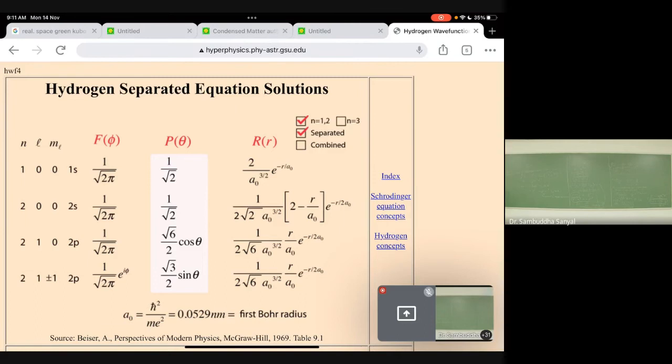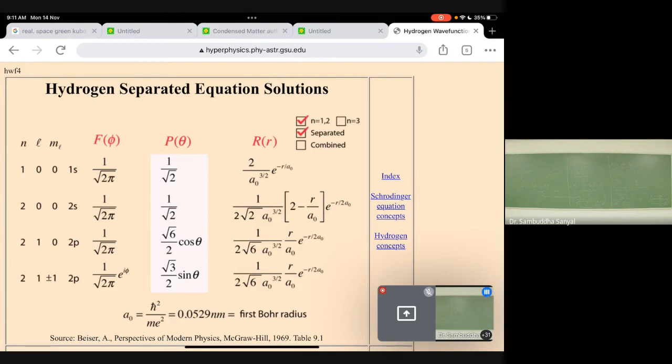Okay, and if I look at the page, this is the phi part. So the table can be read as follows: n, l, m can have all these possible values as you have seen, and I'll come back once more to discuss what the allowed values of n, l, m are. But let's just look at the table, and there is a phi part, there is a theta part, and then there is an R part.